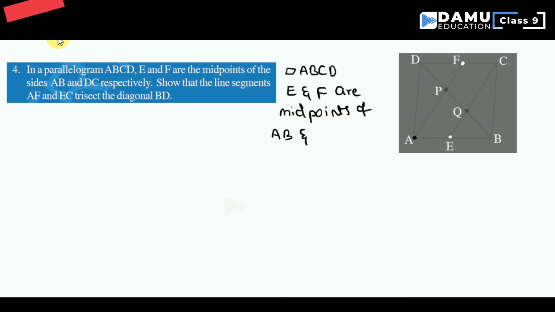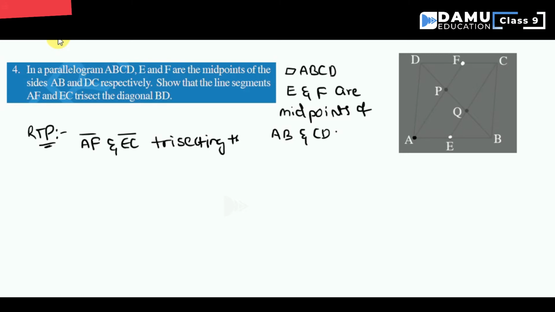And what we have to show here is RTP, that is, required to prove: show that the line segments AF and EC trisect the diagonal BD. So this is the case here.